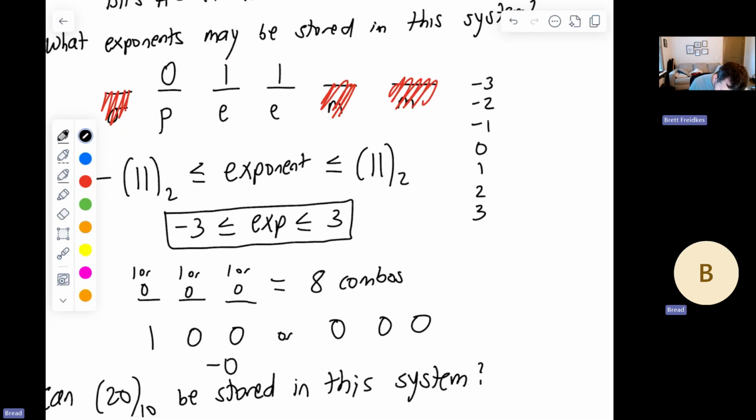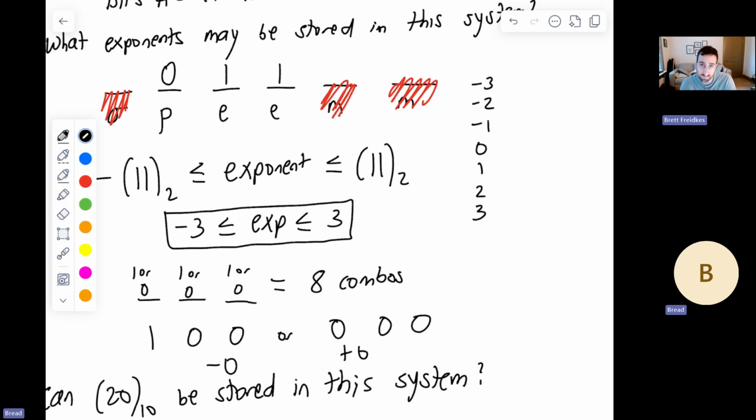This is like negative 0. This is like positive 0. Meaning that our 7th and 8th possible options, negative 0 and positive 0, are exactly the same. So we lost a possible combination because we are including the signs of the exponents.